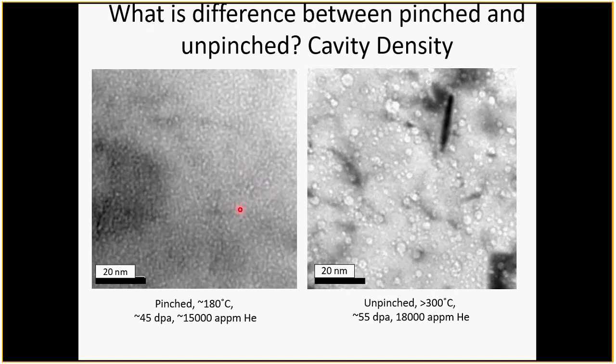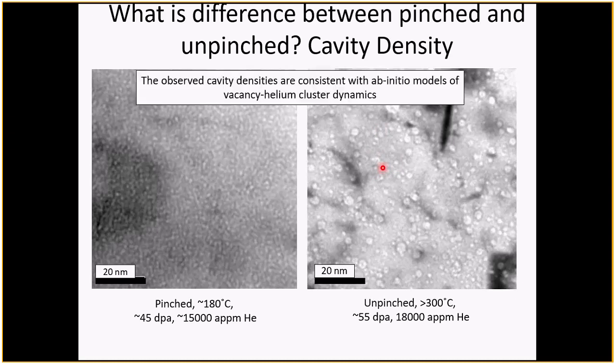In this case, we have some very obvious clusters, which are these cavities. So this is what the cavity structure looks like in the pinched region, in the low temperature. And this is what it looks like at high temperatures, in the unpinched region. As you might expect, it's a little bit coarser. It has some structure, kind of like galaxies, where they have this network structure.